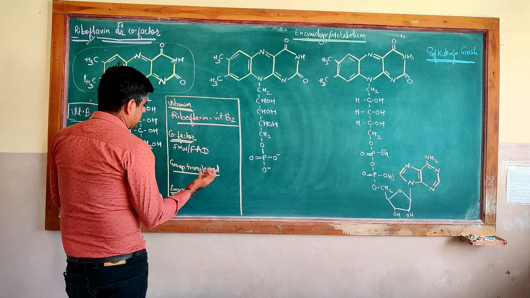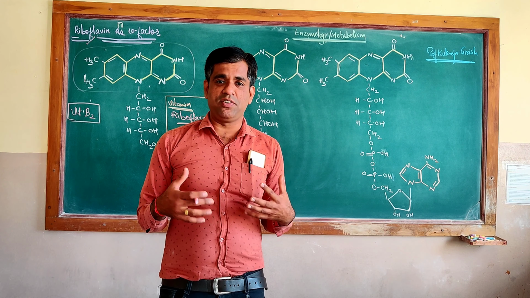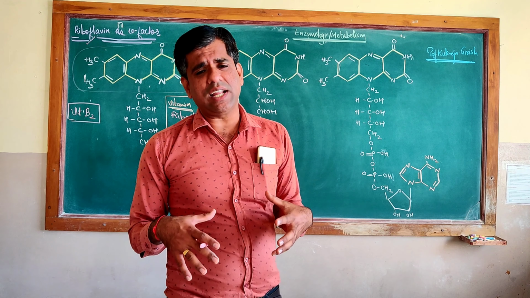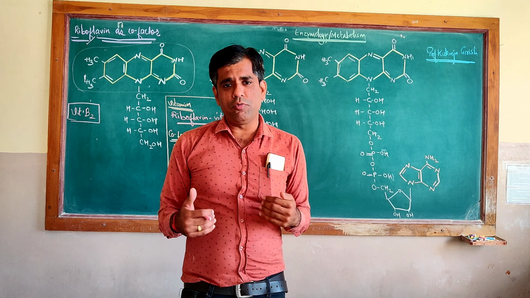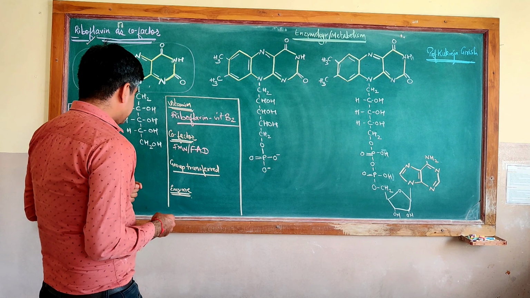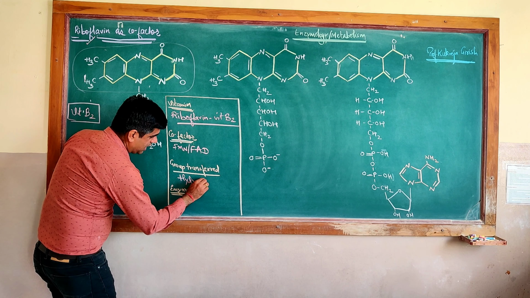Most of these vitamin B complex members, when they function as cofactors, serve as transient intermediate carriers of a particular group. In this case, riboflavin, when it acts as a cofactor in the form of FAD, acts as a transient intermediate carrier of hydrogen atoms.